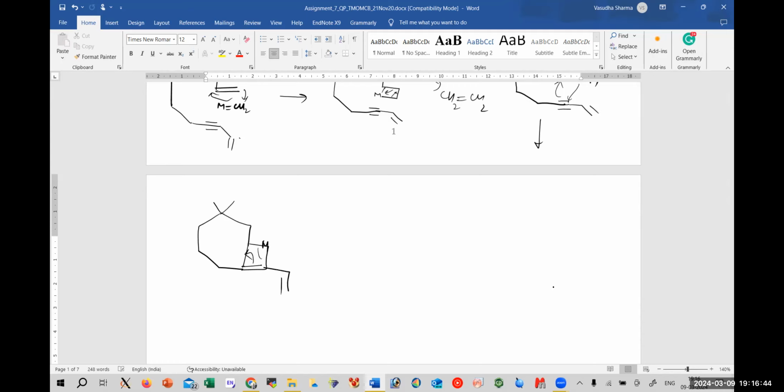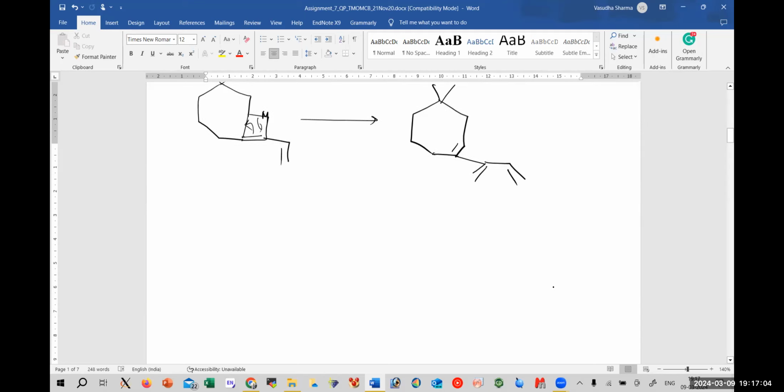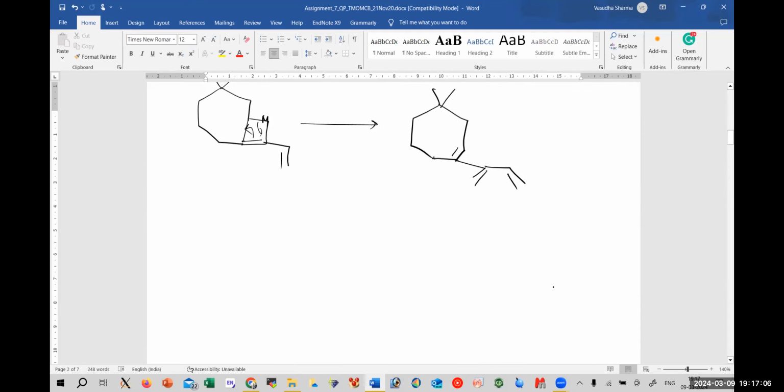Now this double bond goes over here. You ended up having and here. So you can see this is the kind of product. It's 1, 2, 3.